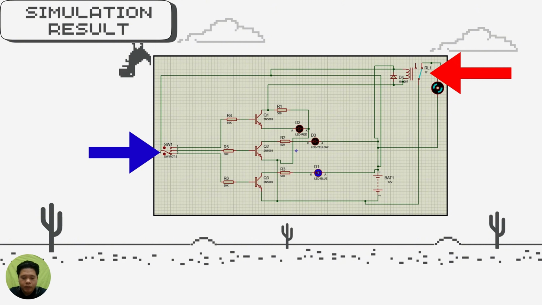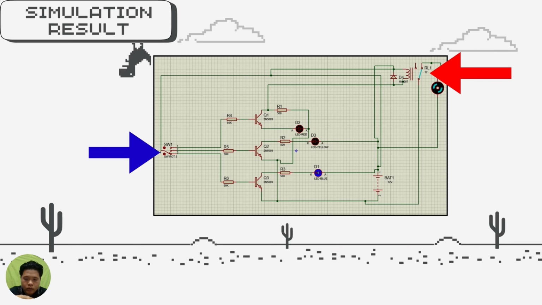You can see at the blue arrow, it acts like a water sensor, but in Proteus, we use a switch. It switches to the low transistor. If the water level is low, it will turn on the transistor, and the blue LED will turn on.